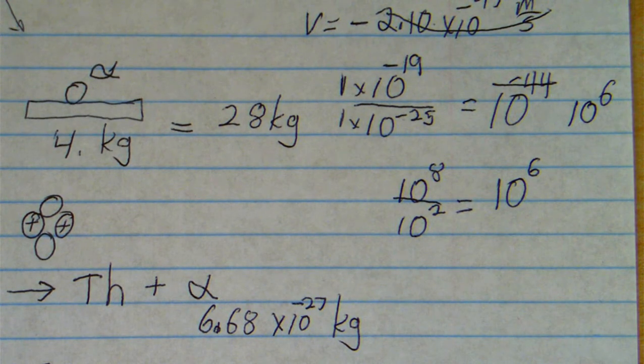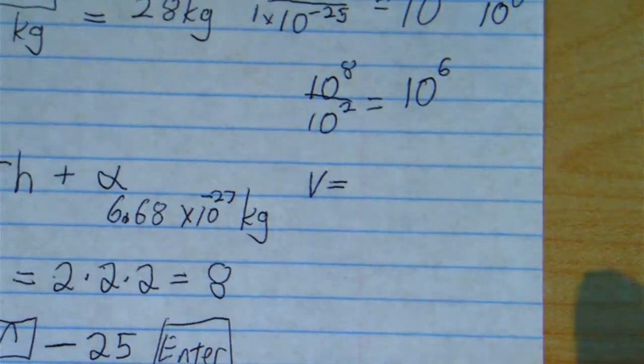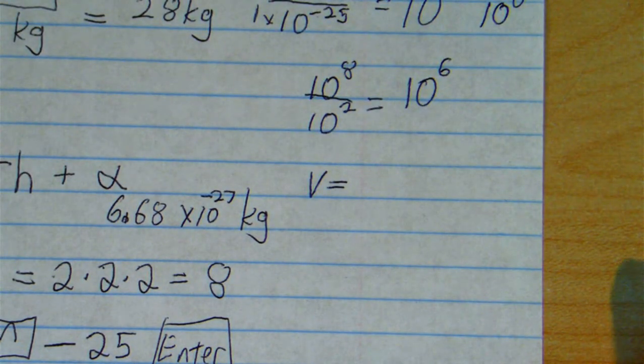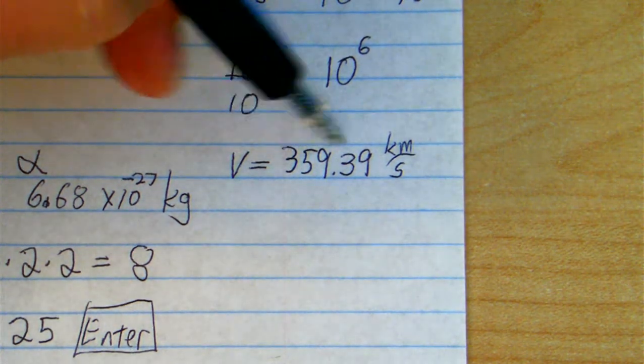Sham, what did you get for the recoil velocity of the thorium atom? 4 sig figs. Interesting. Well, students, I didn't get exactly that number.